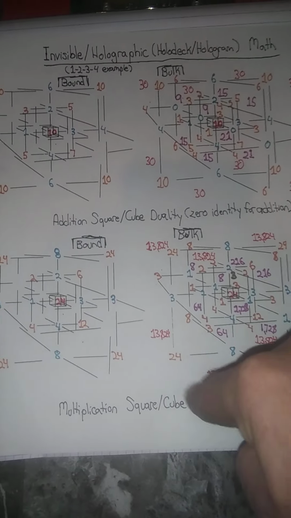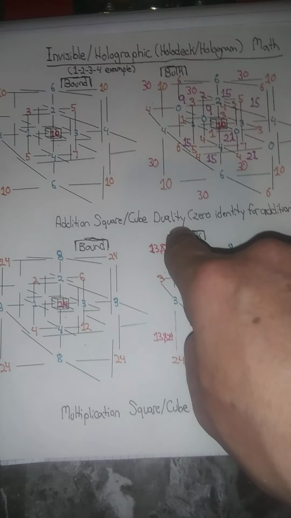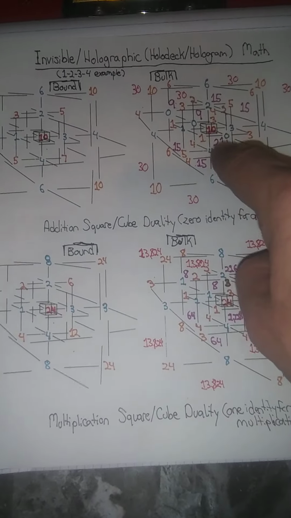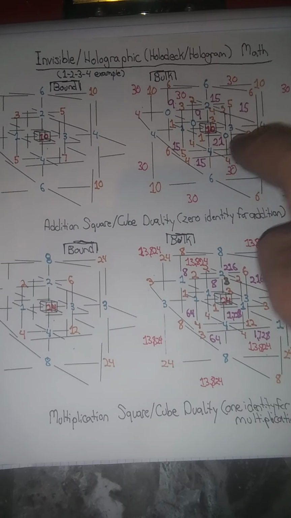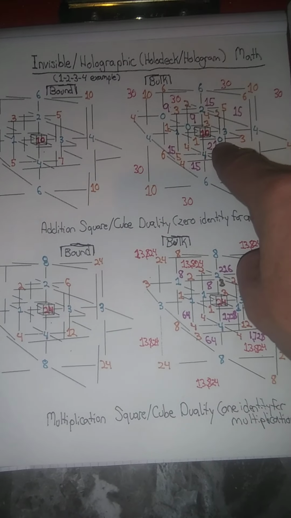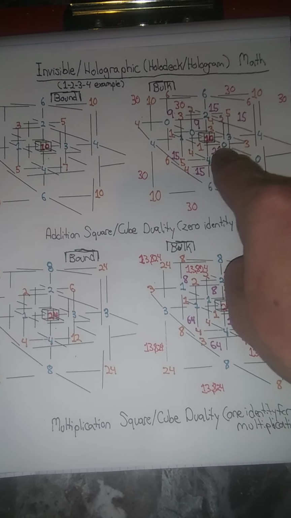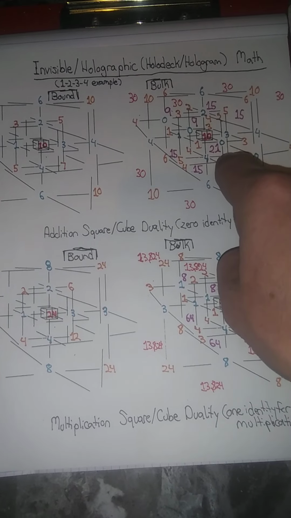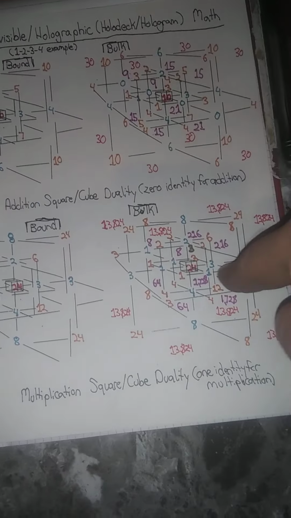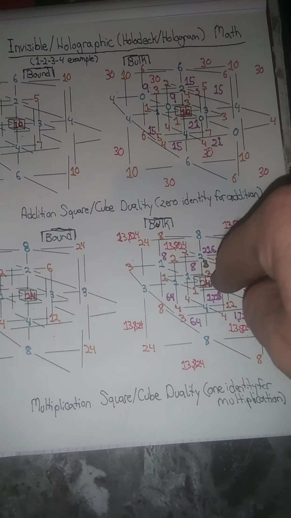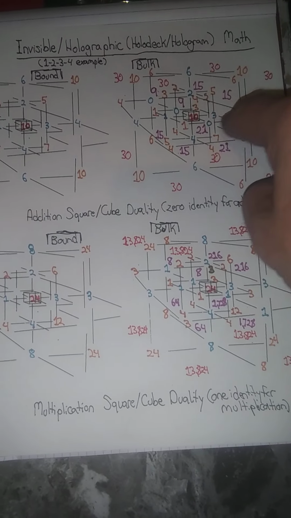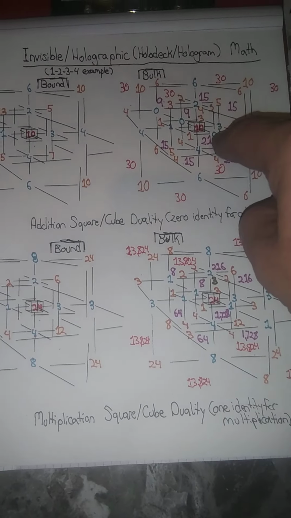The bound which gives rise to the bulk in a square cube duality by setting the ghost number cubes equal to their identity themselves in the square form, by having zeros on the other axis for addition and ones on the other axis for multiplication. Makes them the same identity, and then the cubes fill themselves out with this identity in place.